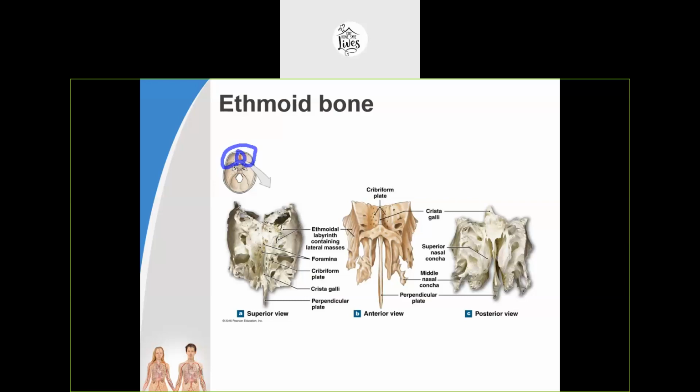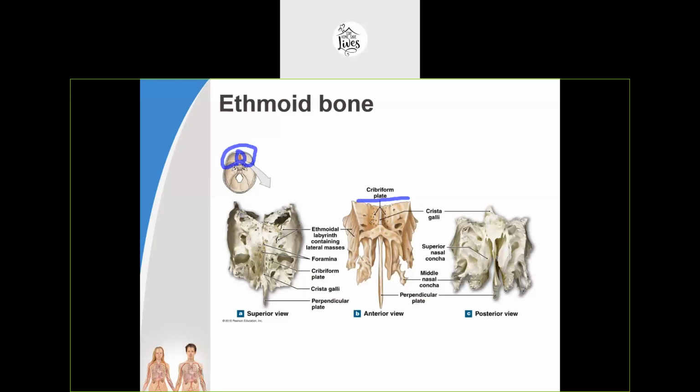Its superior surface is formed by the paired horizontal plates, called the cribriform plate. Cribriform means perforated like a sieve. You can see that it has lots of small, dot-like openings, and that's why it is called cribriform.